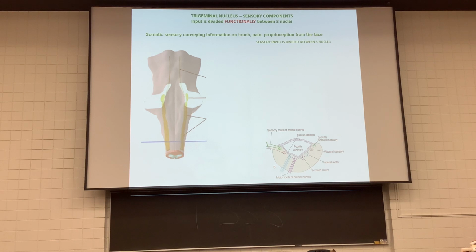And there's another nucleus that deals with proprioception. Remember, 5 also innervates our muscles of mastication, so we have proprioceptive input coming in from those. So all that information converges, and then we get it into the brain around mid-pontine levels.